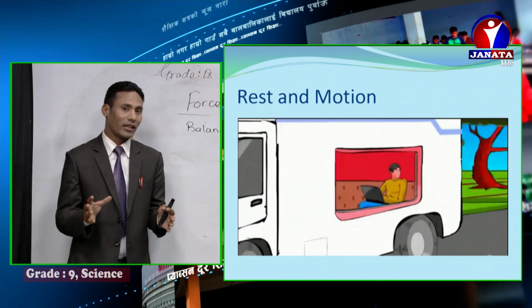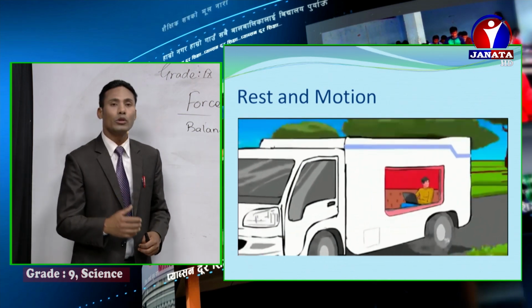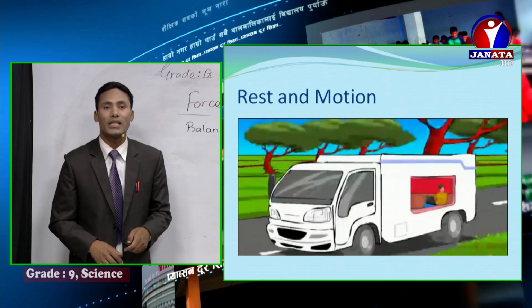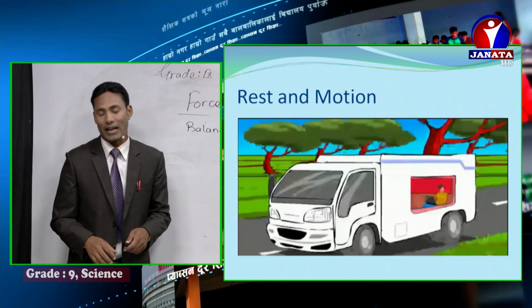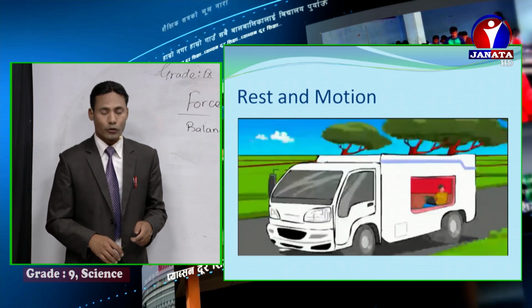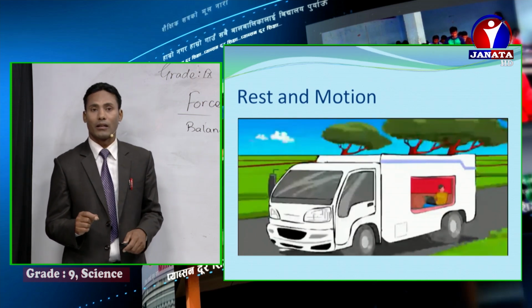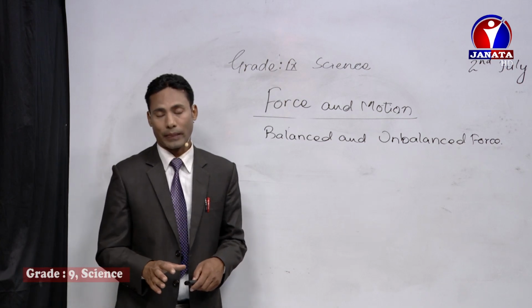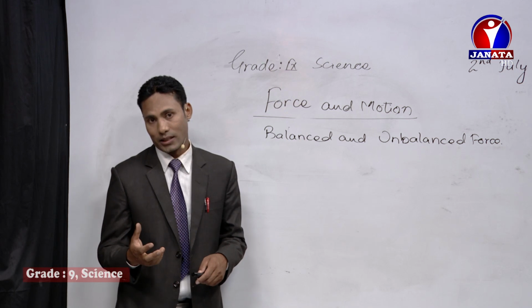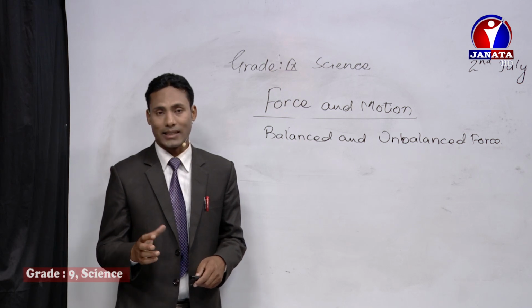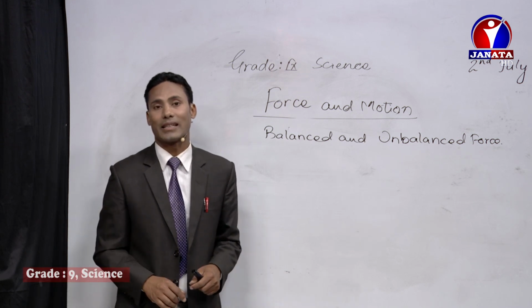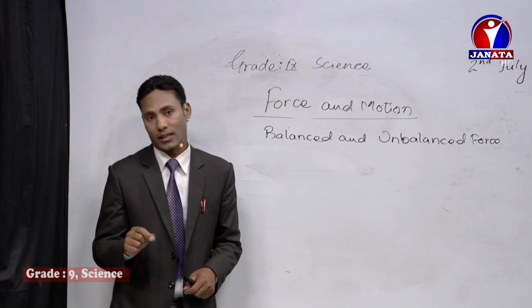Actually, that is the vehicle, and when the vehicle moves, the relative position gets changed according to the surroundings, right? Previously, we haven't seen any kind of change in the position of the objects, right? That is, in the pictures, it seemed that everything was at rest previously.